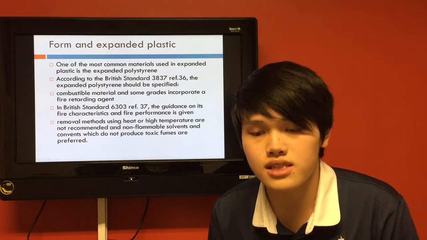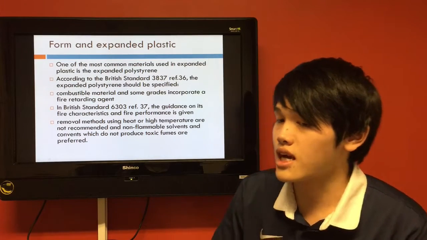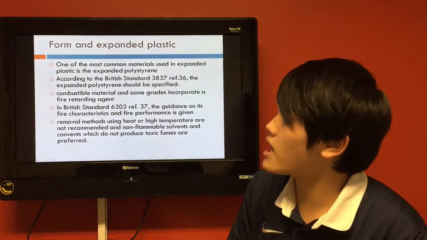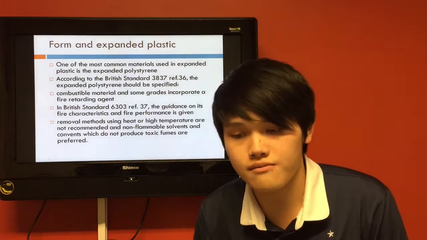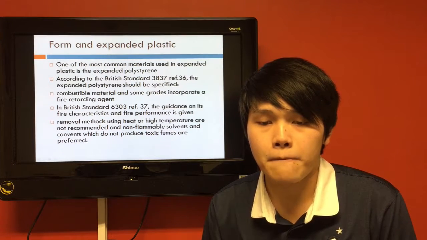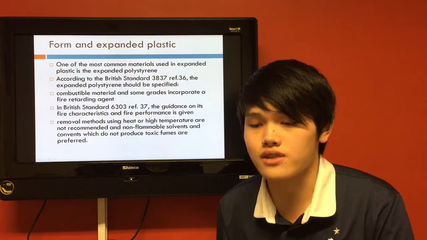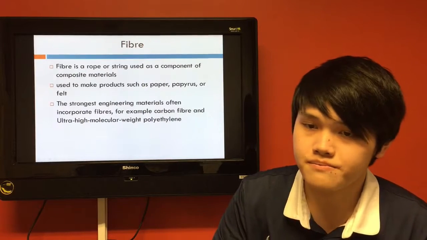And in British Standard 6303 reference 37, guidance on its fire characteristics and fire performance is given. Removal methods using heat or high temperature are not recommended because of the combustible properties, and non-flammable solvents and coolants which do not produce toxic fumes are preferred.